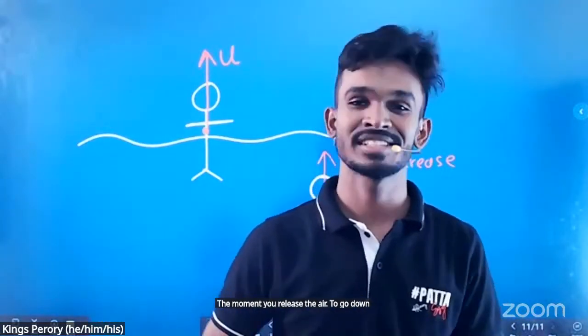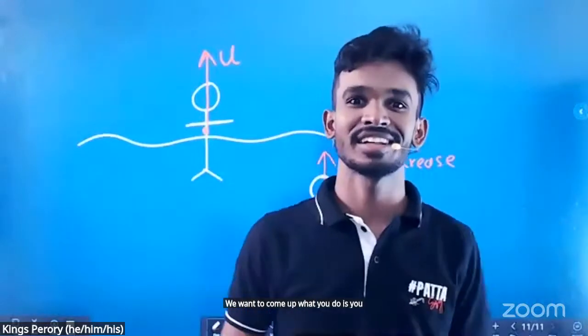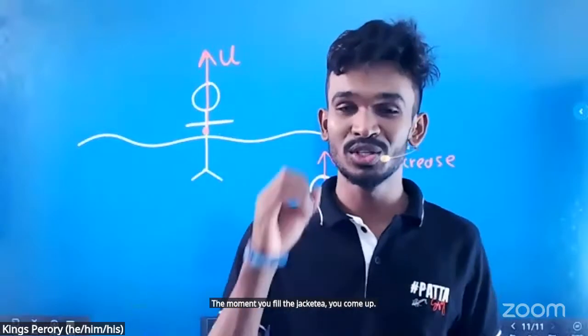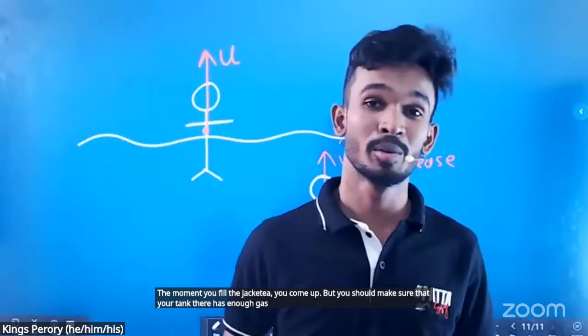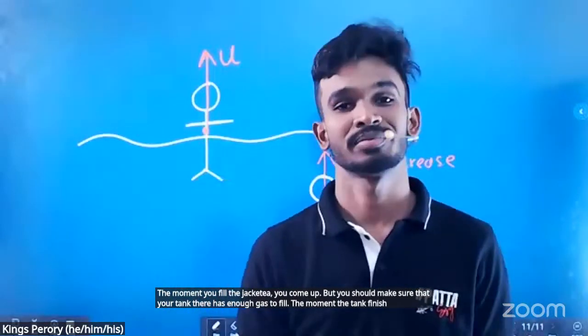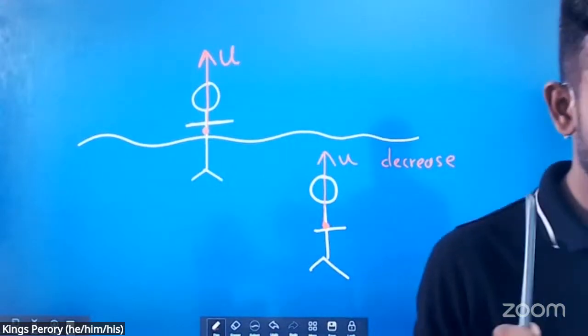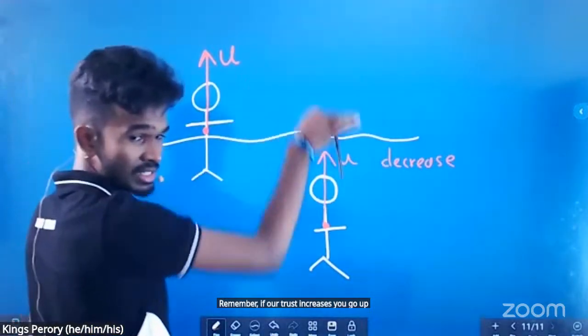Upthrust decreases. If you want to come up, you fill the jacket with air. The moment you fill the jacket with air, you come up. But you should make sure that your tank has enough gas to fill. The moment the tank finishes, then you're done. So remember, if upthrust increases, you go up. If upthrust decreases, you go down.